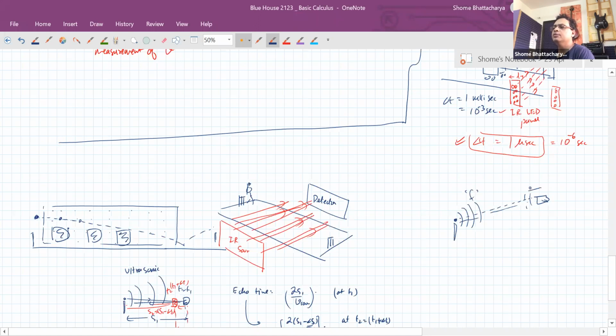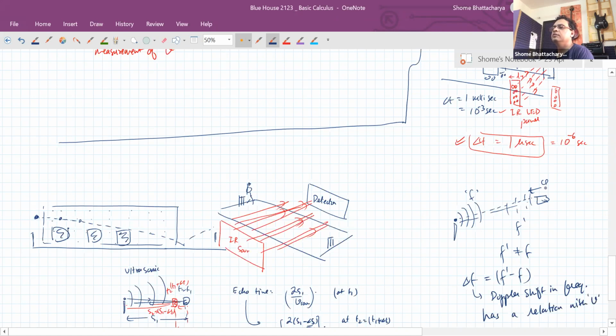If a moving object is reflecting it back, then the reflected signal will be at a shifted frequency. F prime will not be equal to F. The change in frequency is called the Doppler shift. This Doppler shift in frequency has a relation with the speed of the moving object.